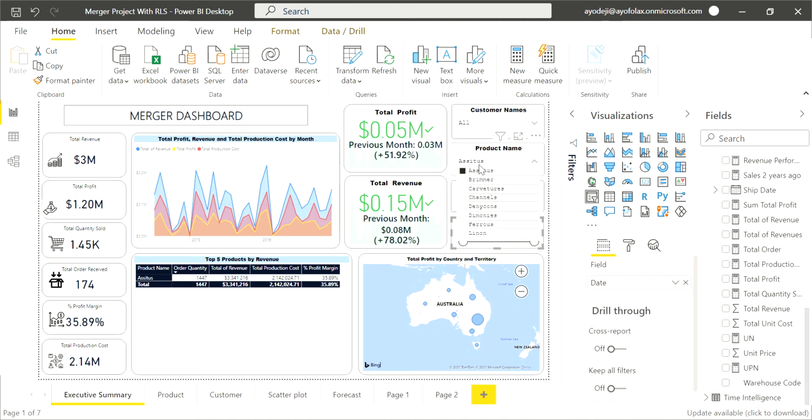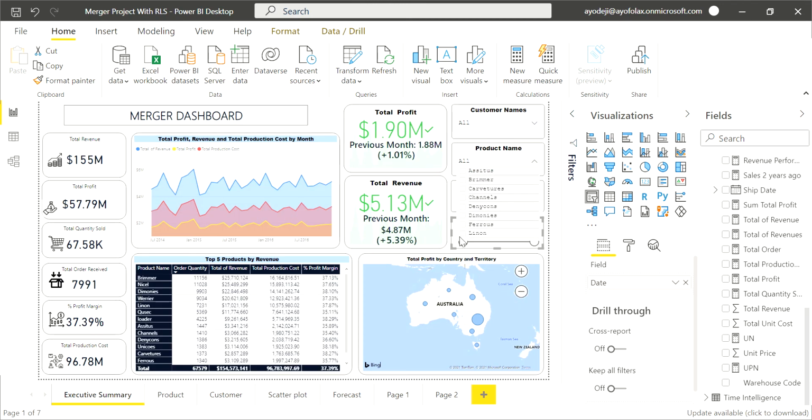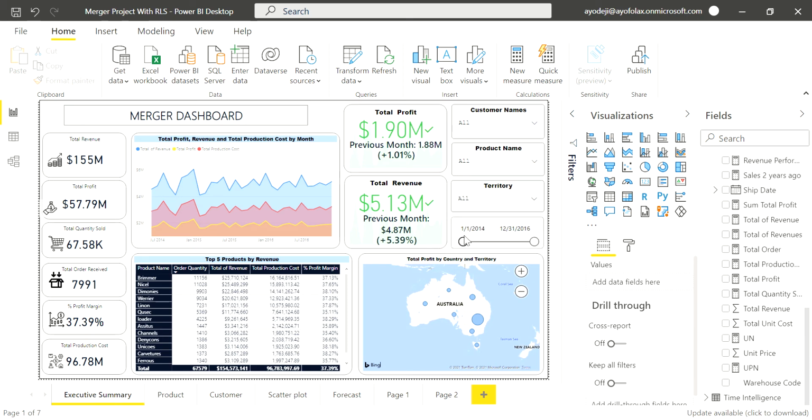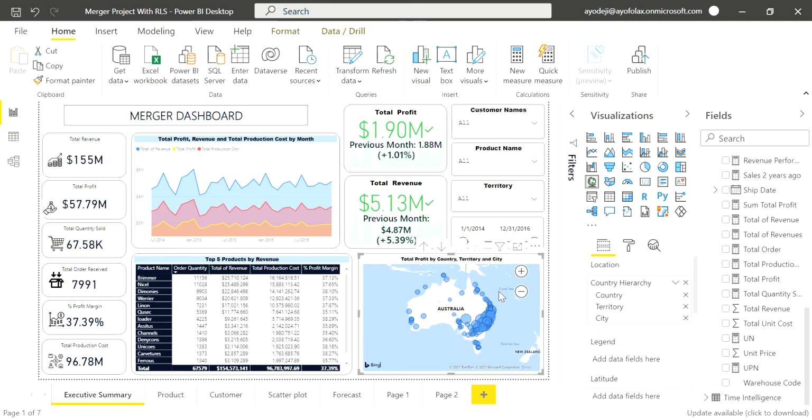We'll return this back, and we could also have an overview of a territory. For example, this map here gives an indication of the profit across each territory. Looking at this, New South Wales has the highest profit of almost 32 million, and we could also drill down to look at each city of each territory.